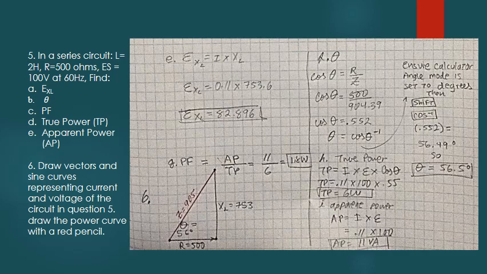Moving on to the next step, step F. We have to find our theta, which is our phase angle. For that, we use cosine.